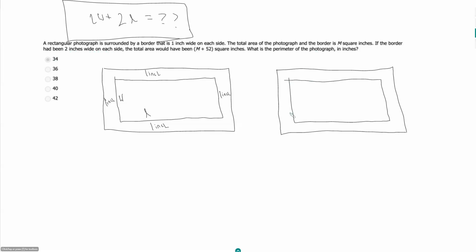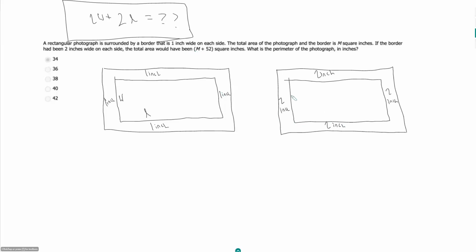So now I have 2 inches here, 2 inches here, and 2 inches there. The total area would have been m plus 52 square inches.